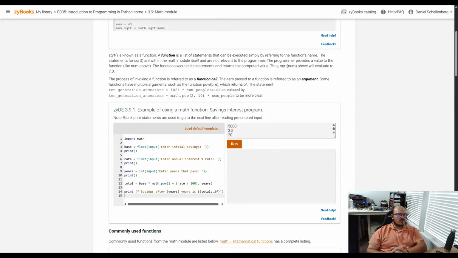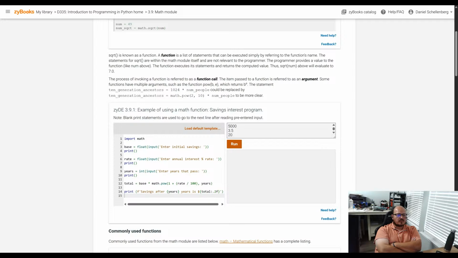The process of invoking a function is referred to as a function call. The item passed to a function is referred to as an argument. Some functions have multiple arguments, such as the function pow(b, e), which returns b to the power of e. So same thing as how we were using exponents before.